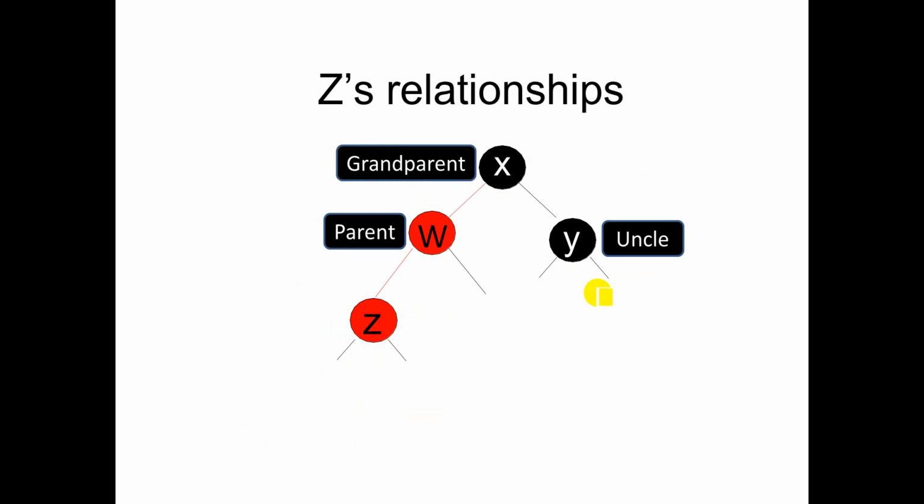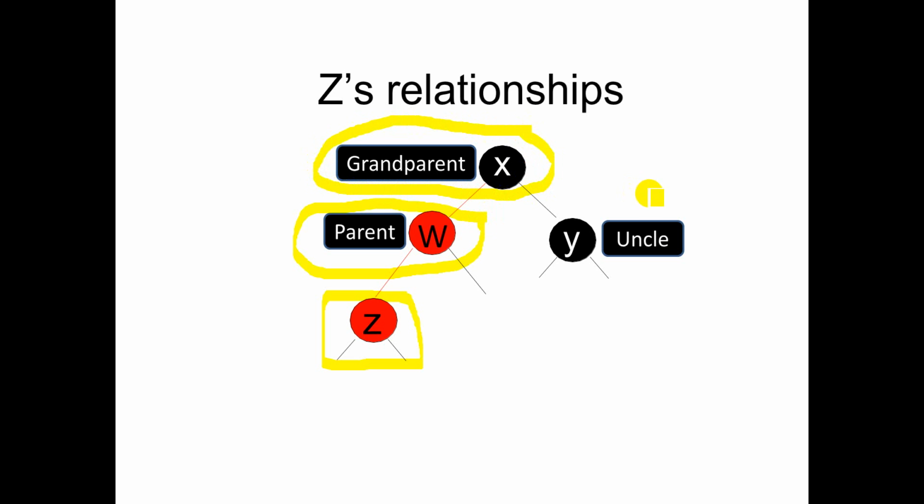So first, Z's relationships, that means the new node's relationships. You can look here. This is the new node that you are inserting, and this is the parent, it's simple, you know about this, and this is the grandparent. Now this is the term we may not know here: the parent and this node are at the same level and have the same parent.